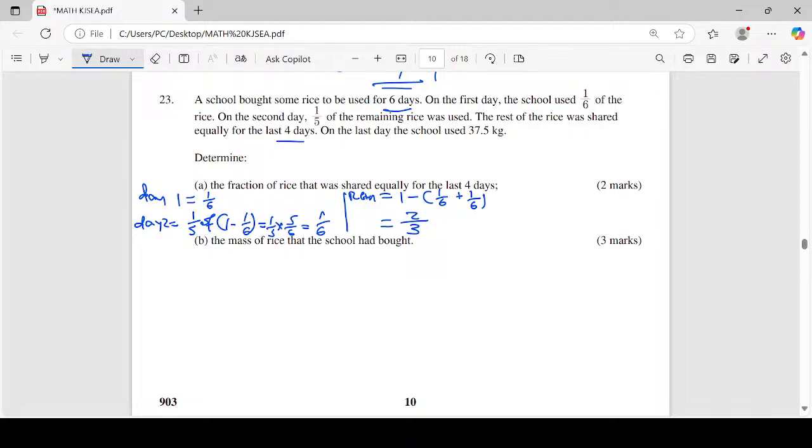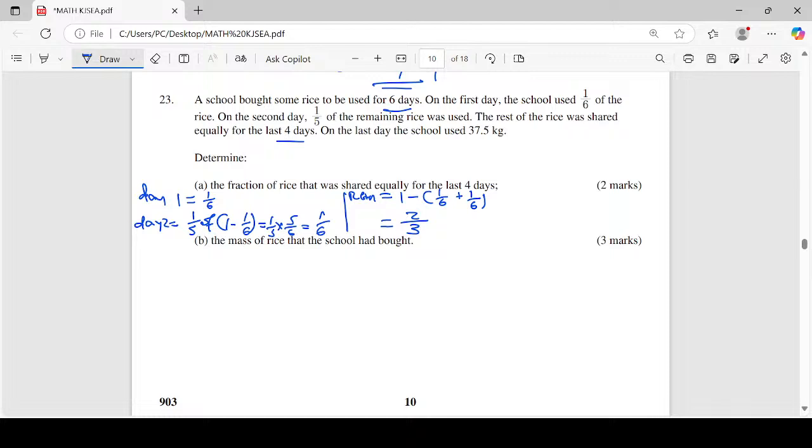So the fraction of rice that was shared equally is 2/3. Remember, day 1 was a sixth. Day 2 was a fifth of the remaining rice. To get the remaining rice, I took the total fraction 1 minus the fraction used on day 1, which is 1/6. That gave me 5/6.